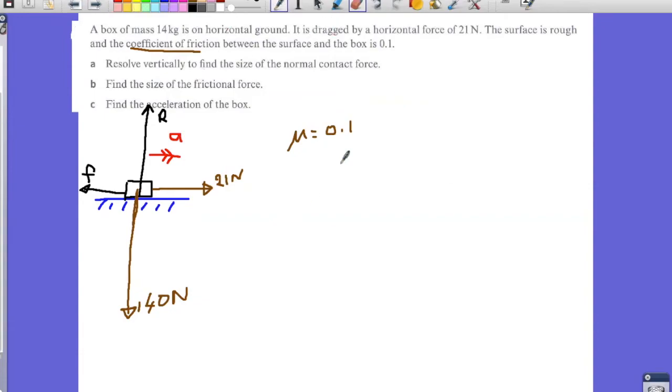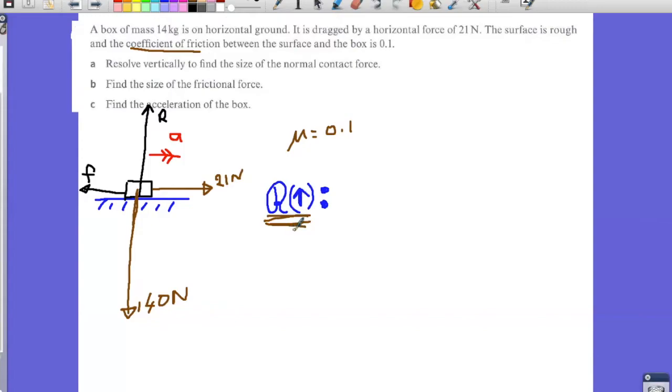Now, we resolve vertically. Hey, this is something I have to tell you guys. When I look at your homework, most of you, when you are resolving your forces, you don't state what you are doing. This is also important, huh? It is clear you are telling the examiner what you are doing at this stage, okay?